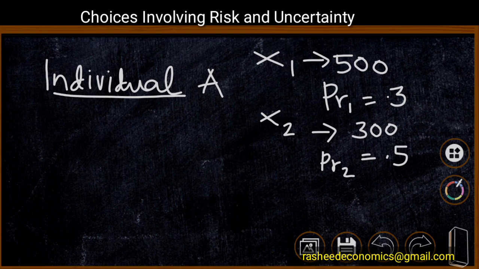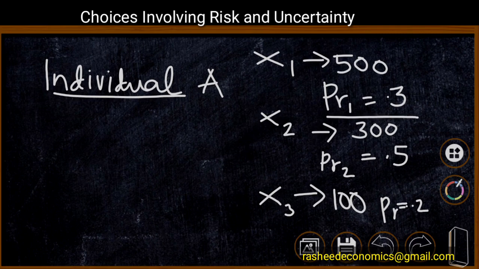Similarly, if the company is performing in the worst manner, the outcome can be X3, and the investor can earn a profit of 100 only, and the probability of this is equal to 0.2. Here it is clear that PR1 is 0.3 and PR2 is 0.5 and PR3 is 0.2. All these added, we will get a value equal to 1.